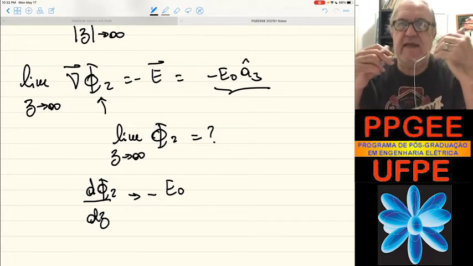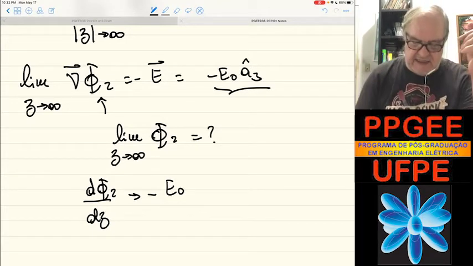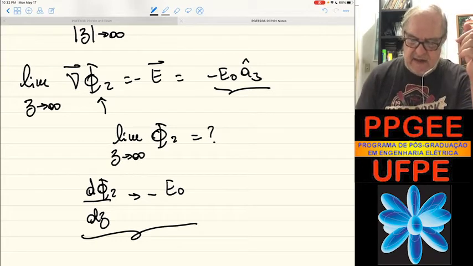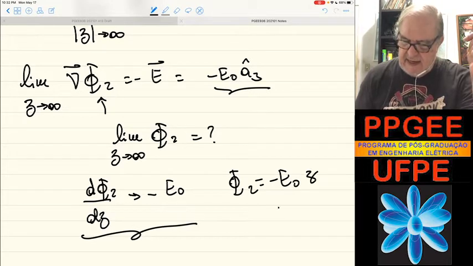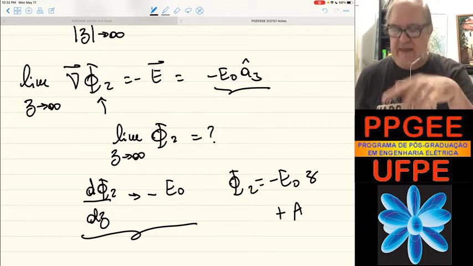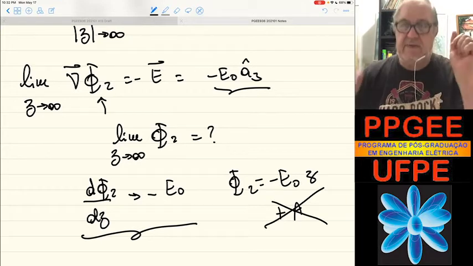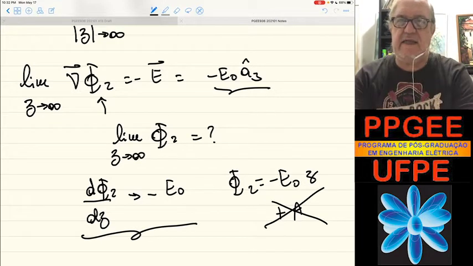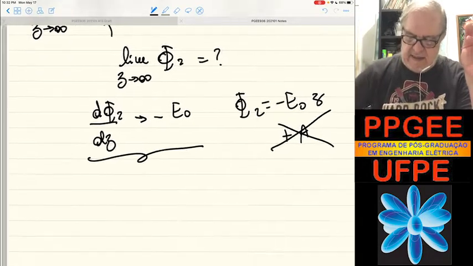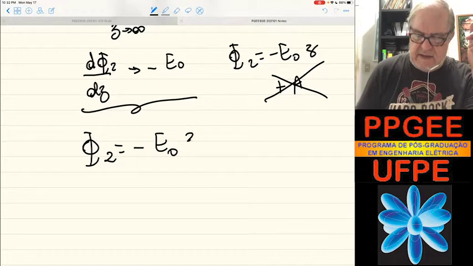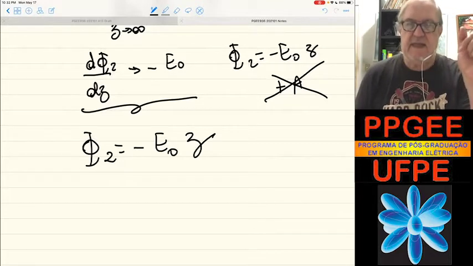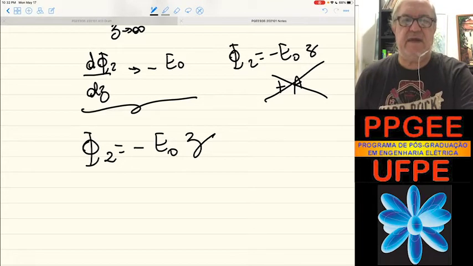So we can use any function that satisfies the relation here. One particular function is the linear function. I can add a constant if I want to, but the constant is going to disappear on derivative. So I can specify that at infinity, the potential is simply a linear relation of the form minus E0 z. So that's the behavior of the potential at infinity.